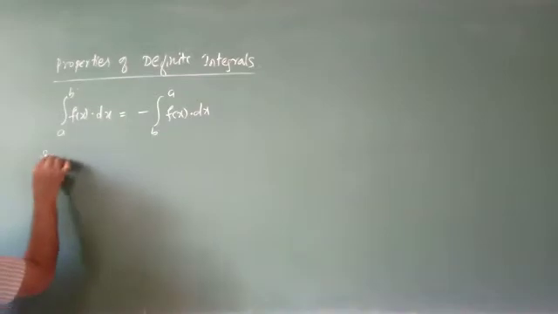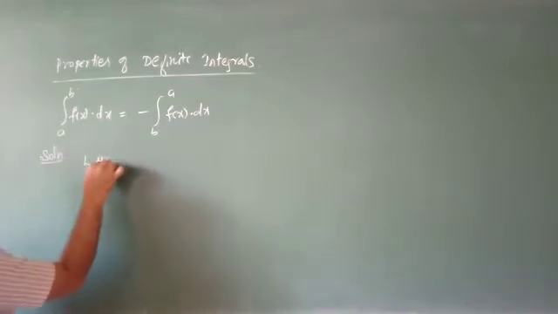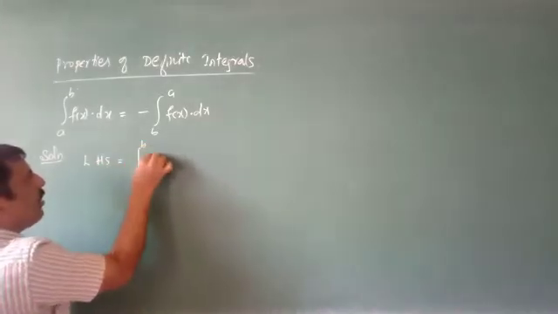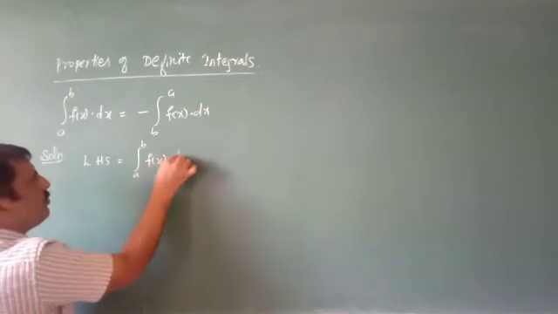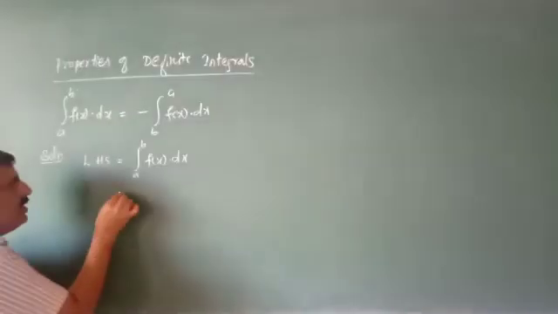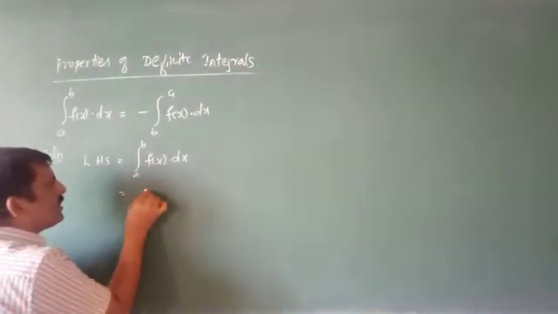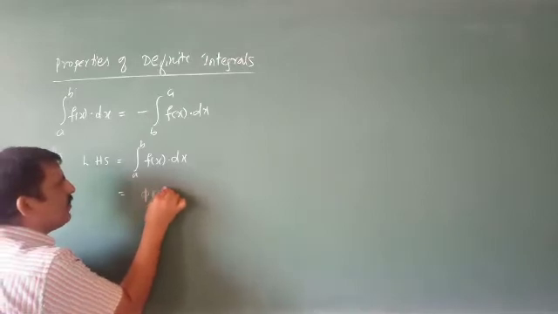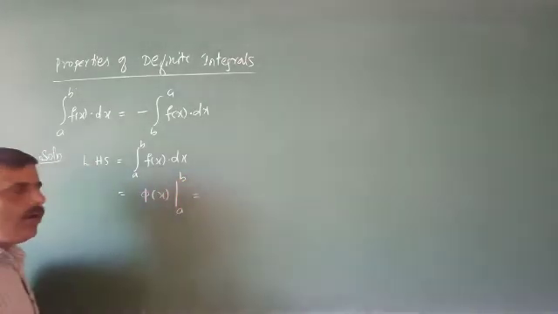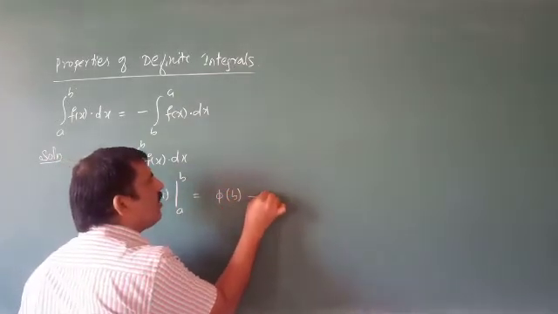So the proof: LHS is equal to the integral from a to b of f of x with respect to x. The integral of f of x is phi of x, from a to b, which is phi of b minus phi of a.